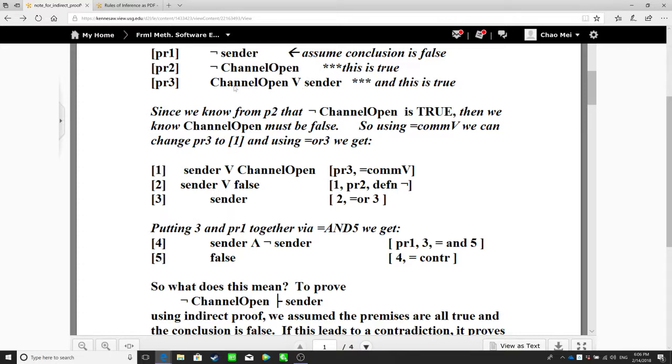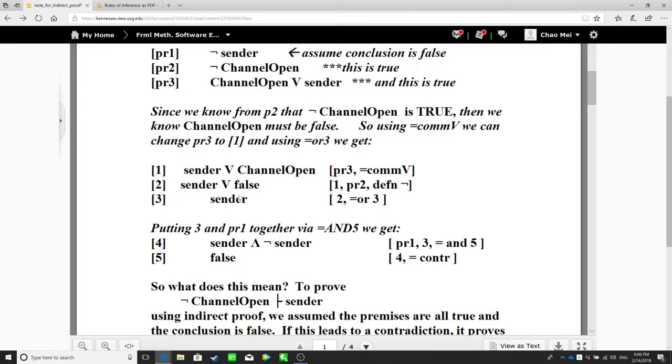Here channel open is false, so it becomes false or sender, right? False or sender is true because PR1, PR2, PR3 are all true. False or sender is true, which means sender has to be true. If sender is false, then false or false becomes false. It violates this PR3. So false or sender is true becomes sender is true.